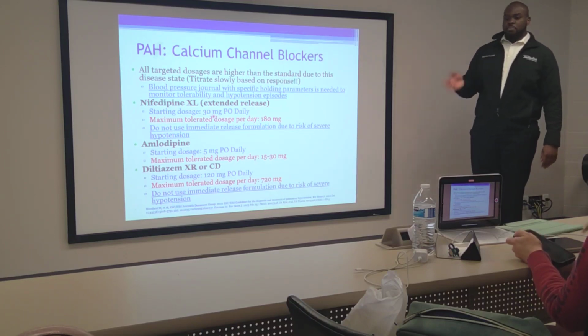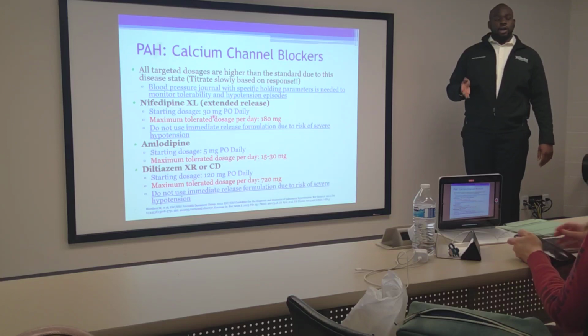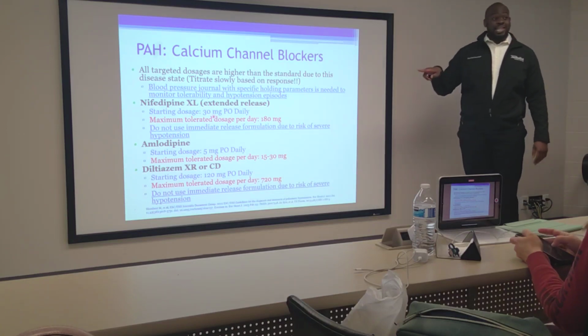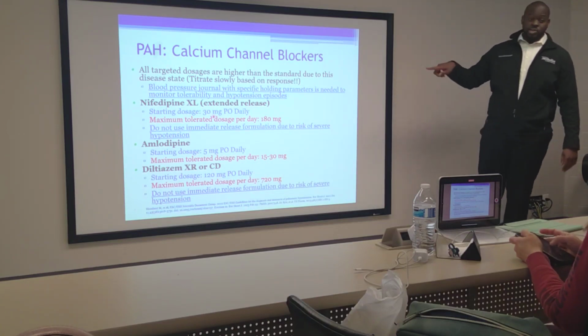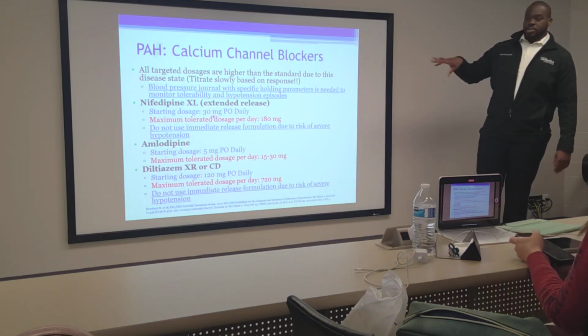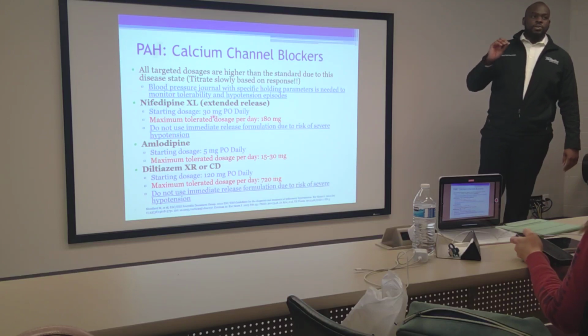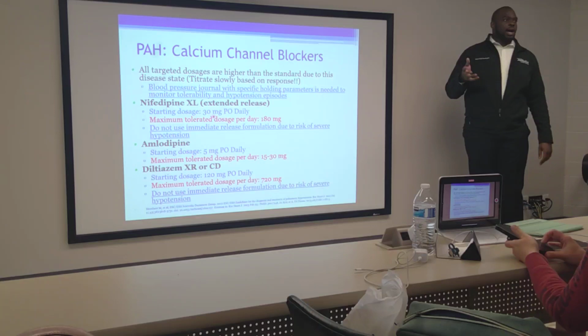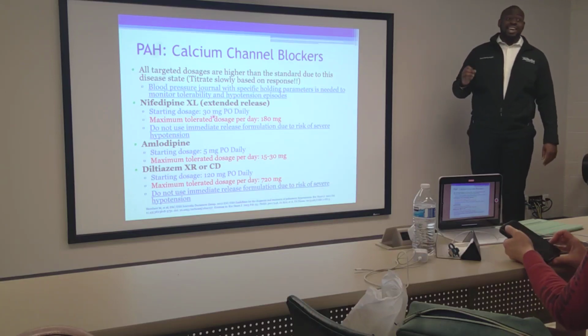They started the patient on 30 milligrams daily while in the hospital, and for the next 4 days, they were trying to send the patient home on 90 milligrams twice a day, which is actually the targeted dose for amphetamine in regards to PAH. I'm not sure how many of you know, but for amphetamine, the max dose for hypertension, the immediate release, is 120 milligrams a day, or 60 milligrams twice a day.